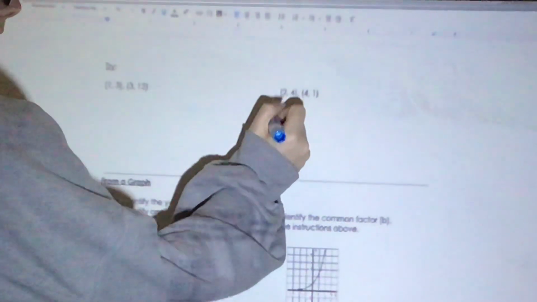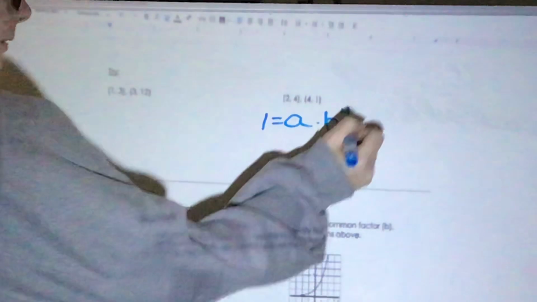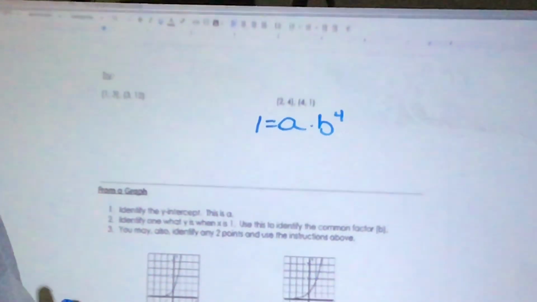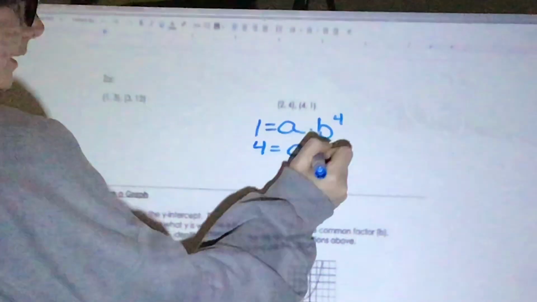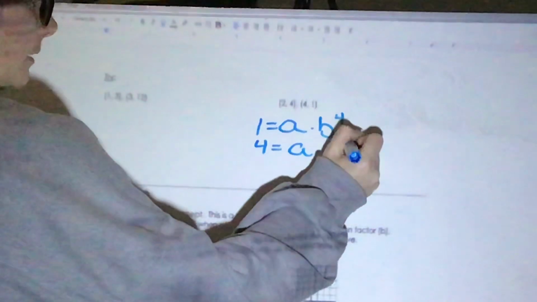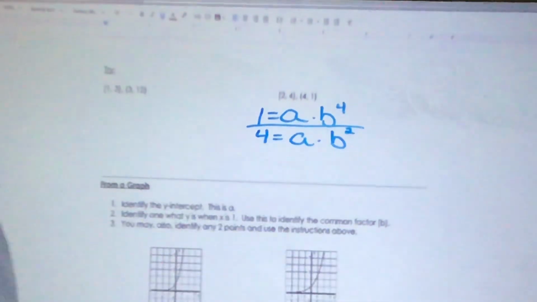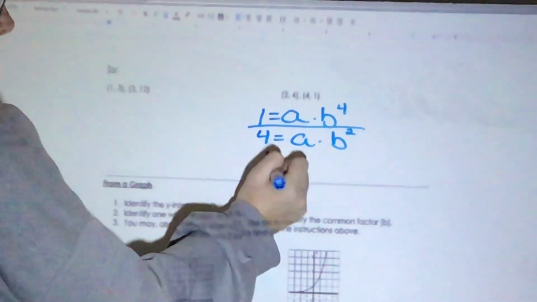So I'm going to put 1 in for y, a times b to the 4th power. And now I'm going to go to my other point and substitute that in. 4 equals a times b to the 2nd power. I'm going to divide these two. 1 divided by 4 is 1/4.